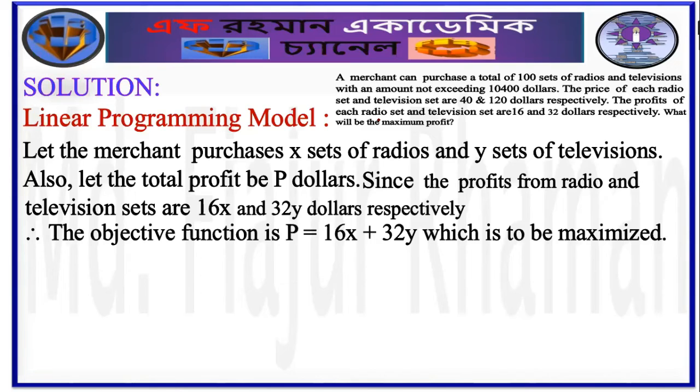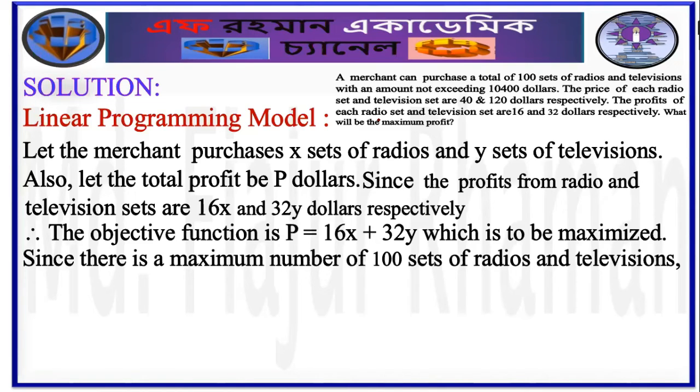In the third step, conditions should be expressed as linear inequalities. Since there is a maximum number of 100 sets of radios and televisions, we can write x + y ≤ 100.